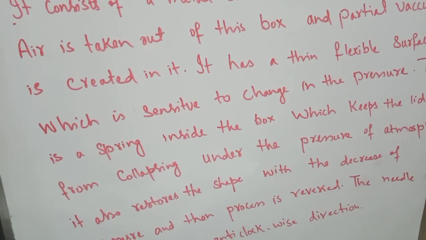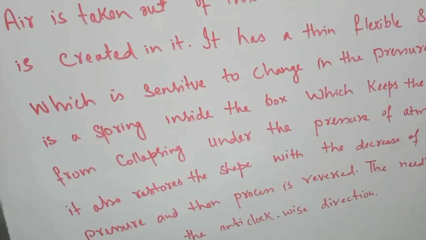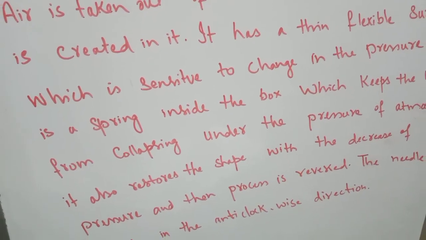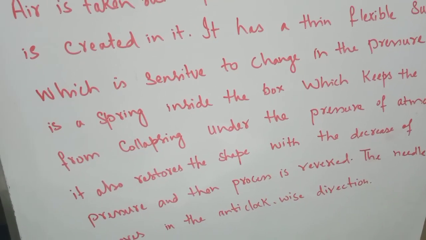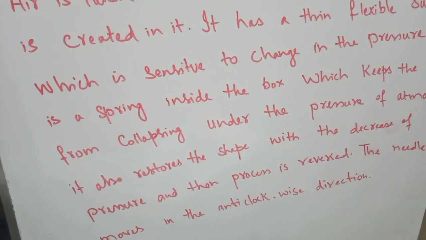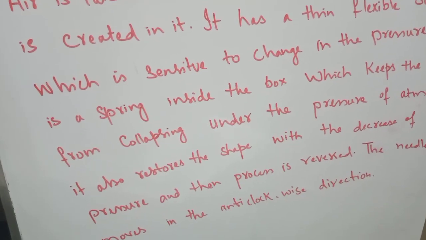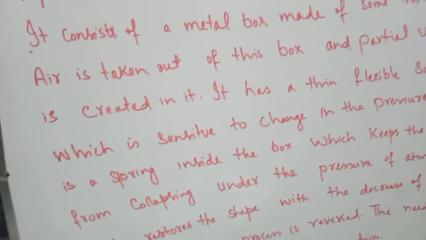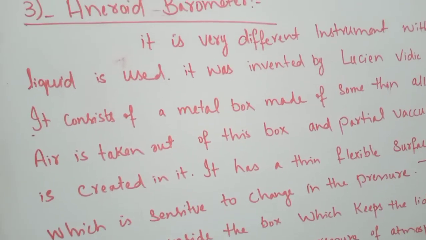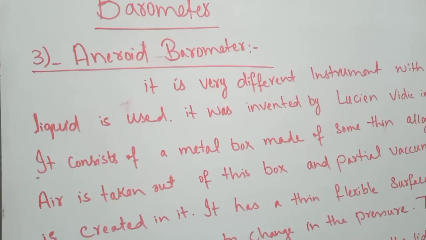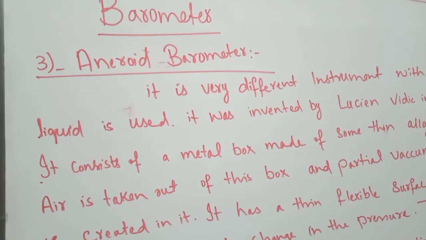Once the process is completed, it can be reversed again, and at that time the needle will move towards the anti-clockwise direction. So this is how the aneroid barometer measures the atmospheric pressure of the air.